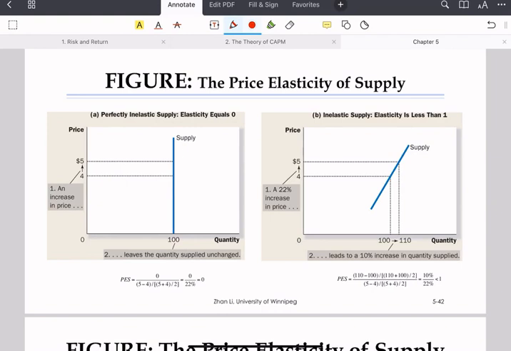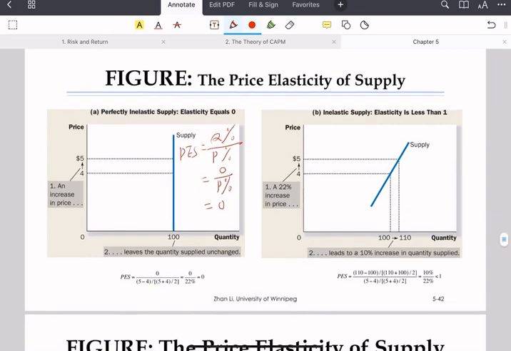In the first picture, the price elasticity of supply equals percentage change in quantity divided by percentage change in price. Well, this is a vertical supply curve. The implication is there is no change in quantity. So it's 0 divided by the price change. So this gives us 0, right? Very easy to calculate.